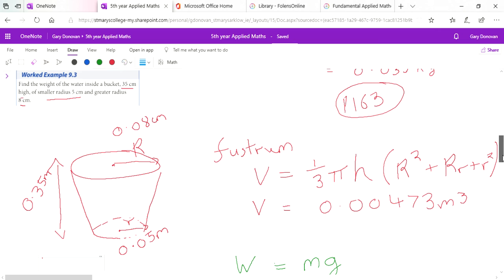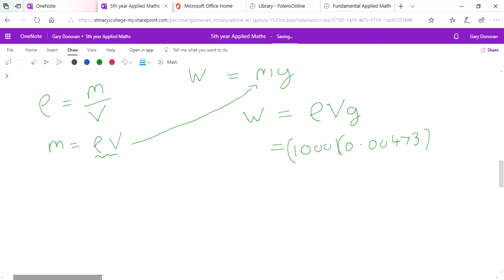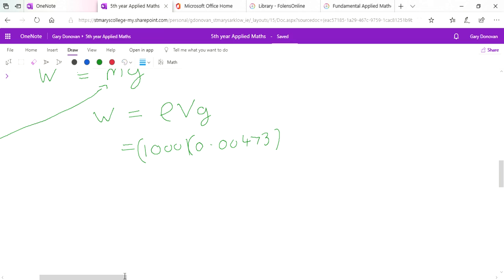The bucket is full of water, so the density of water is 1000, times the volume, which we just figured out, 0.00473, times gravity, which is 9.8, and that gives you an answer for the weight of the bucket of 46.354, sorry, pen's going a bit wonky, 46.4 newtons, and that's your answer.